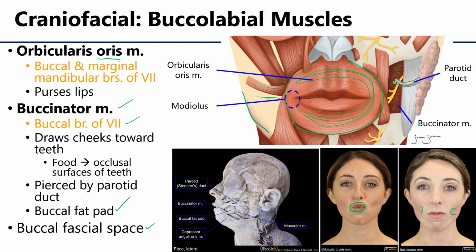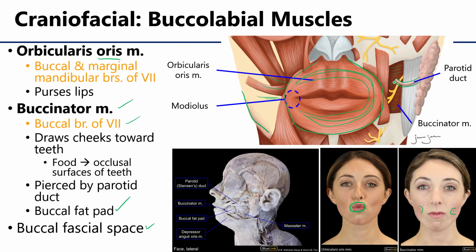So Stenson's duct moves through the space and it pierces through the buccinator muscle on its way to the oral vestibule, where the papilla for it is actually adjacent to the maxillary second molars. So that's where the parotid gland is going to secrete into the oral vestibule.